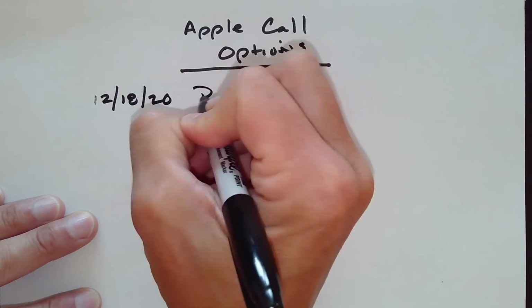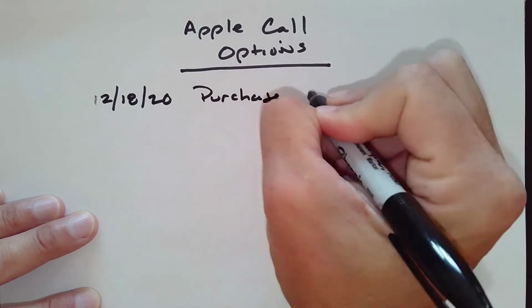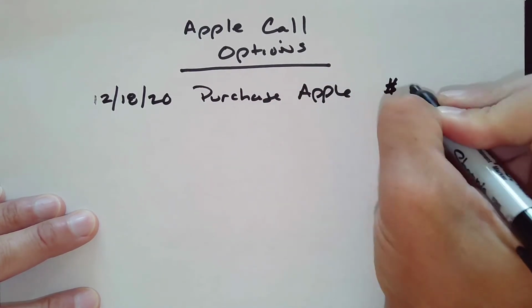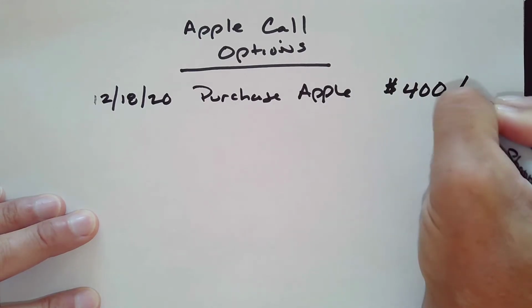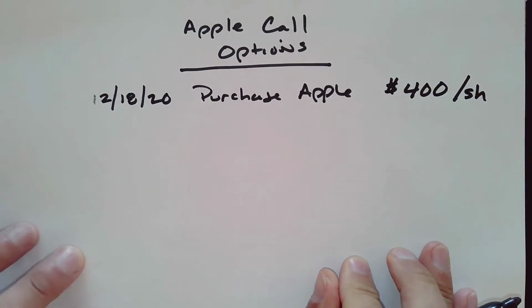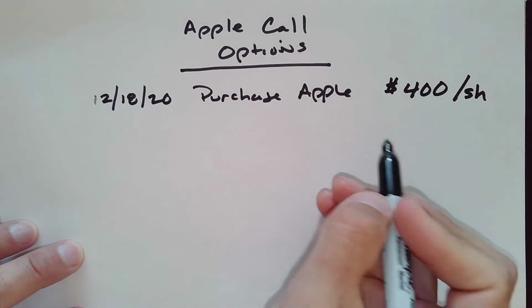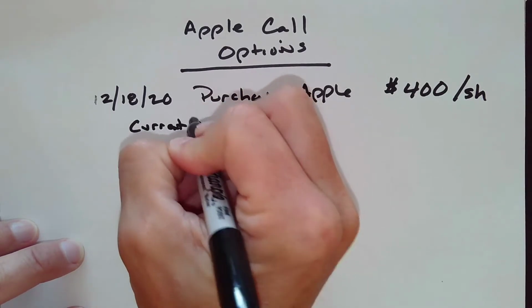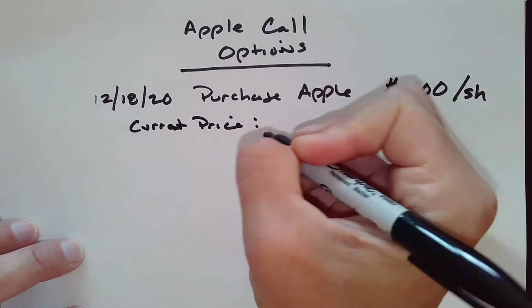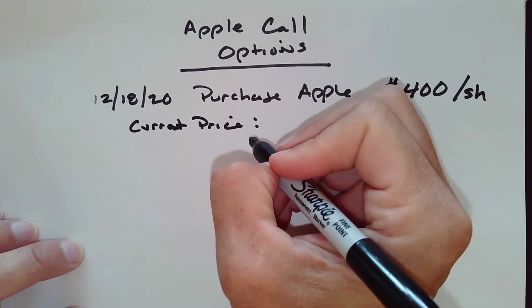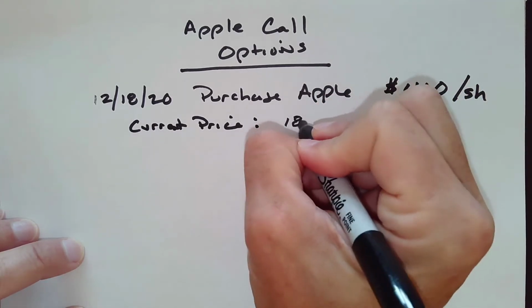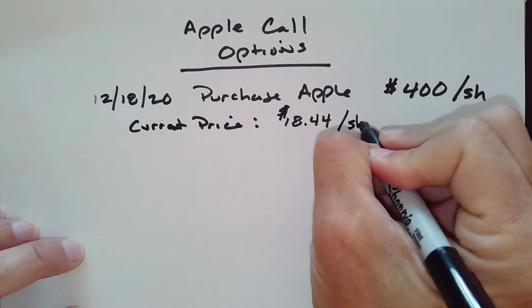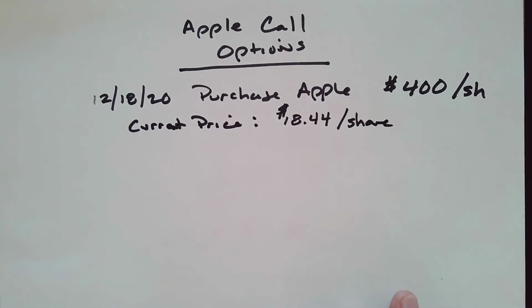I can purchase Apple for $400 per share. The current price of the option, and I'm looking at this right here, is $18.44 per share.